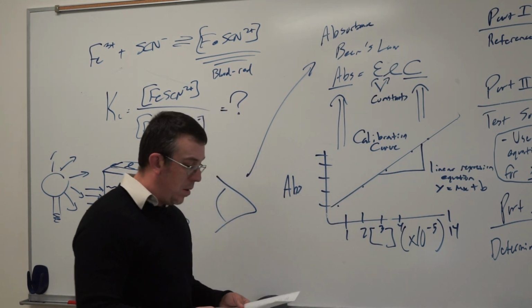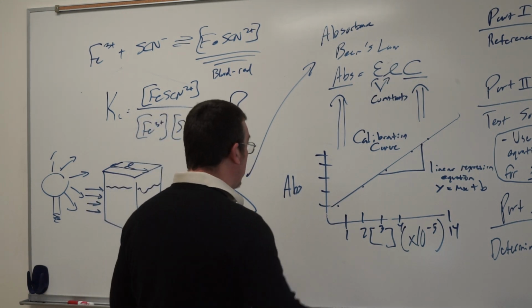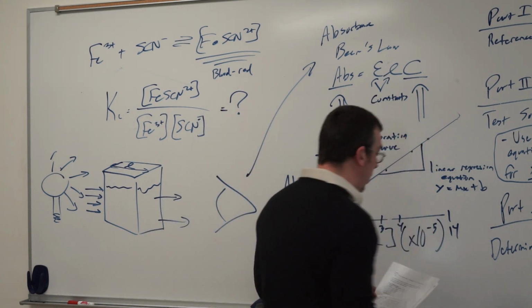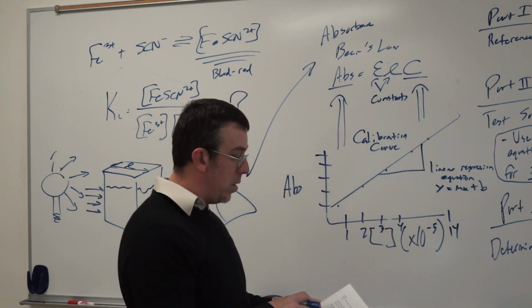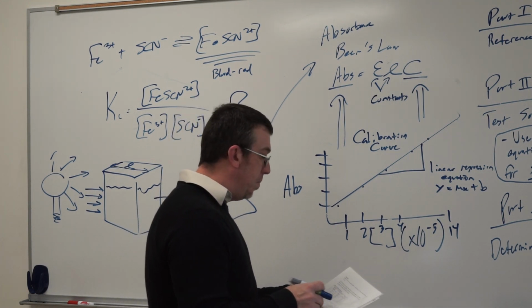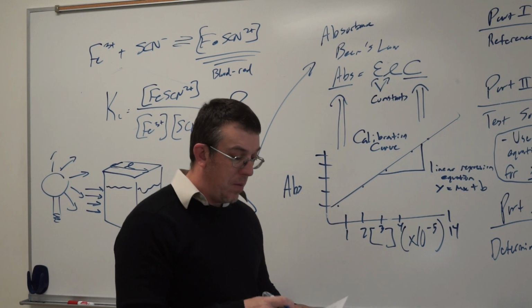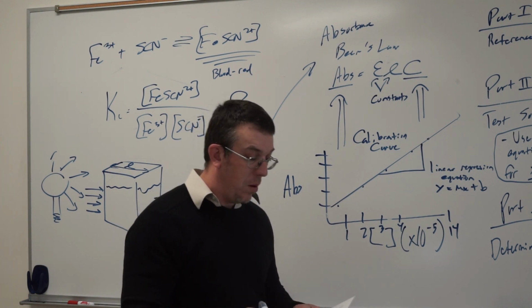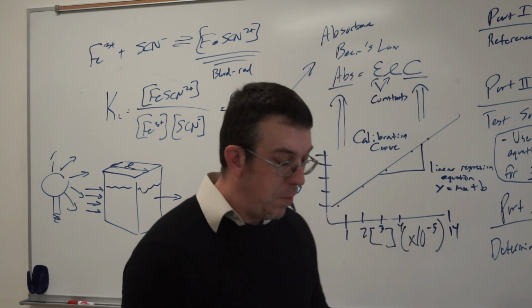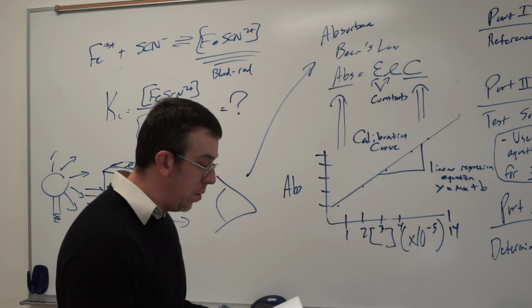All right, now in order to determine the concentrations that go on the bottom here, we have to look at the actual molarities for the reference solutions. So you have 2 different solutions you're going to work with. You have a 0.2 molar Fe3+, and you have the 0.0002 molar thiocyanate.